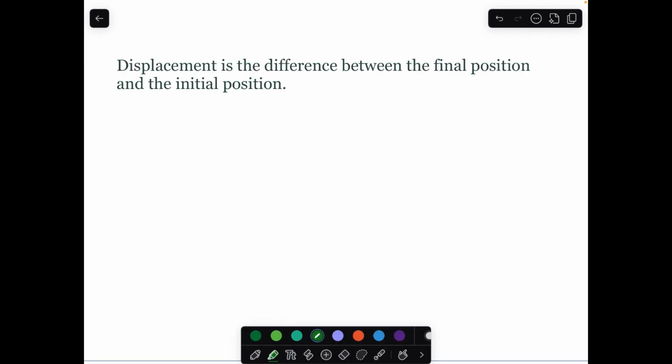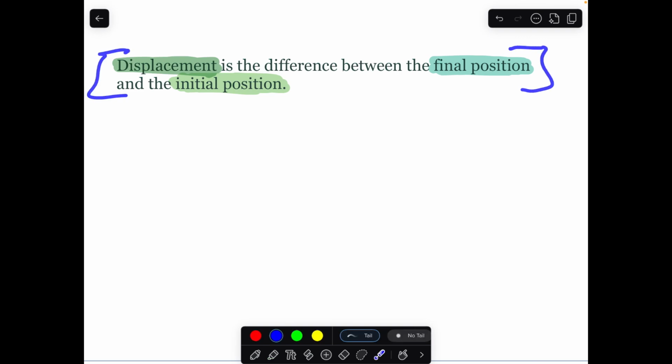We were using that color for displacement, blue or green for final position, and this light green for the initial position. Let's rewrite this English sentence. I'd call this a sentence formula because it is our instructions for finding displacement as an English sentence. And I want to rewrite it now as a variable formula.